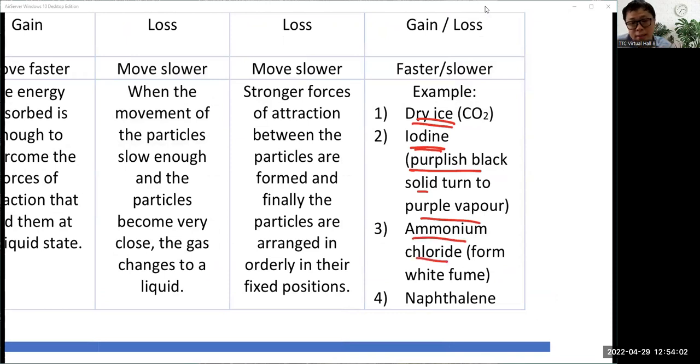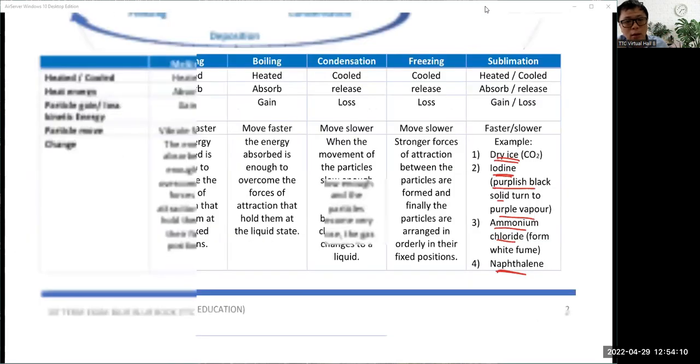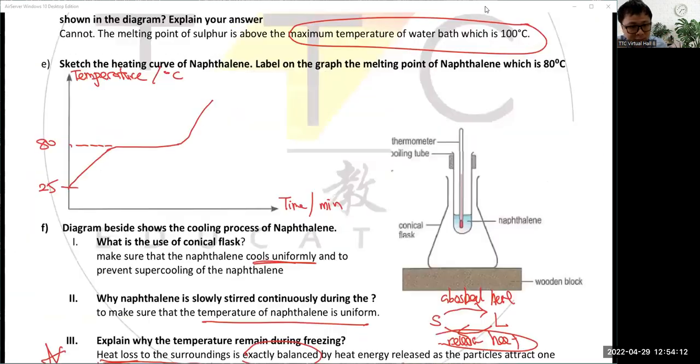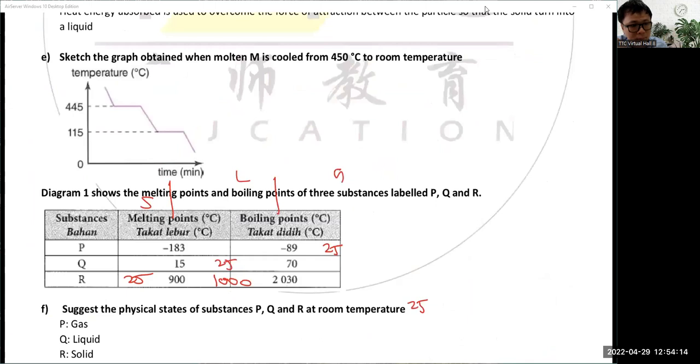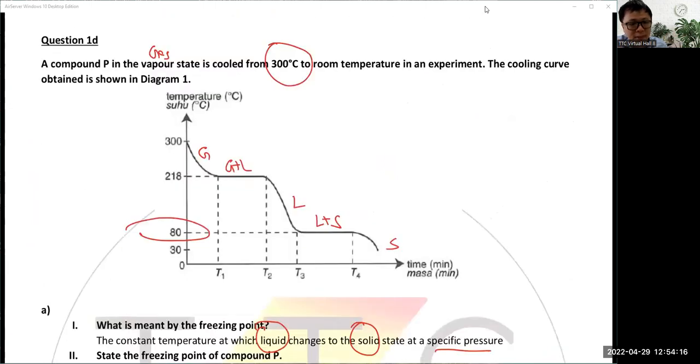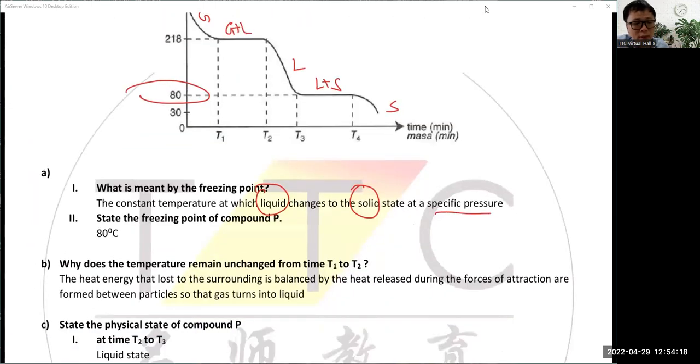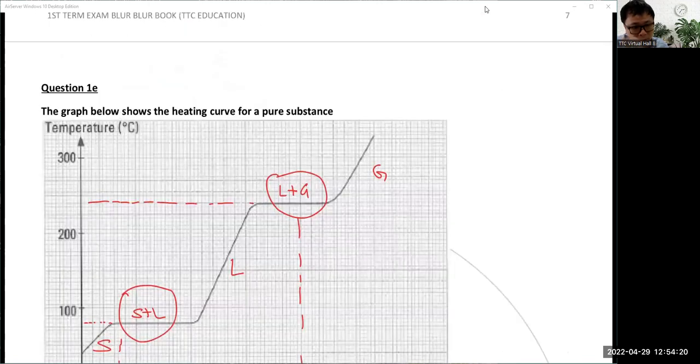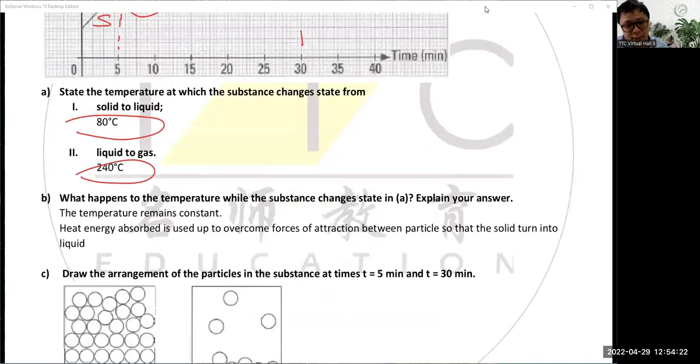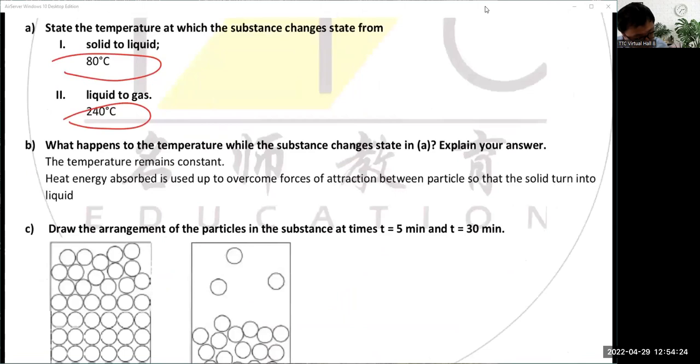If you heat, it becomes gas. From gas, it will become white film, means it becomes solid back. Then naphthalene also same thing. If you heat, it will also become gas. It will slowly become gas. If you heat, it might melt, but when you put it there, it slowly goes straight to gas without becoming liquid.